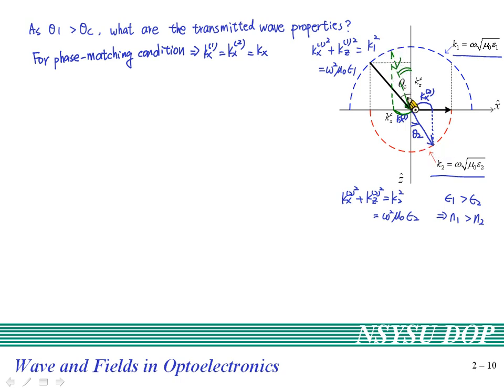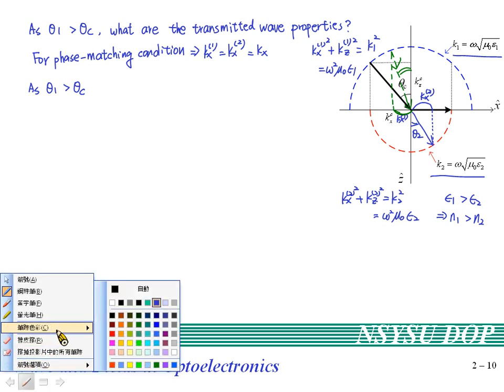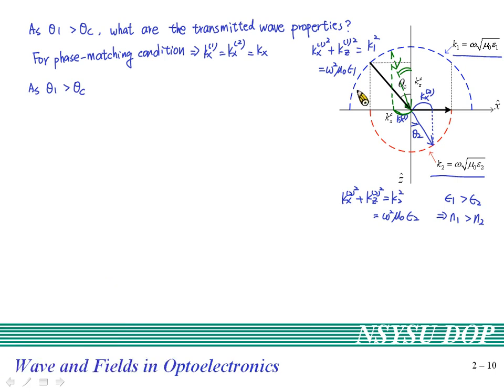Okay? So this figure can help us find the transmitted wave from the incident wave. But now, let's consider the situation of total internal reflection. As the incident angle theta 1 is larger than the critical angle theta c, this situation can be plotted here, let me use the color in this one.